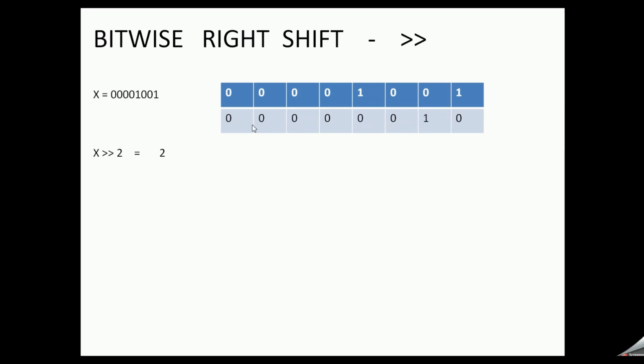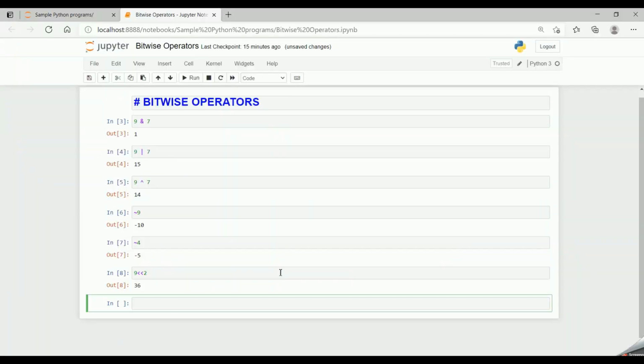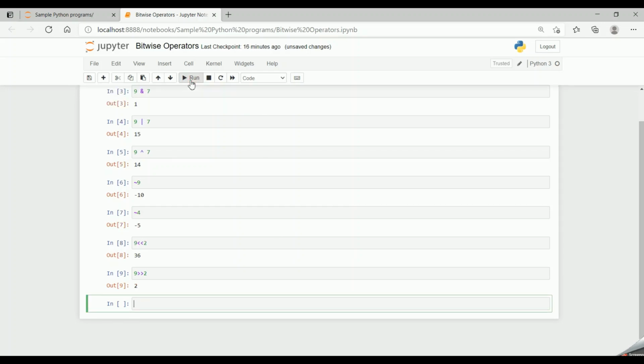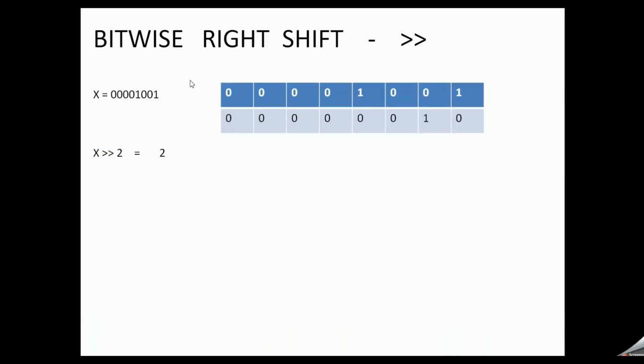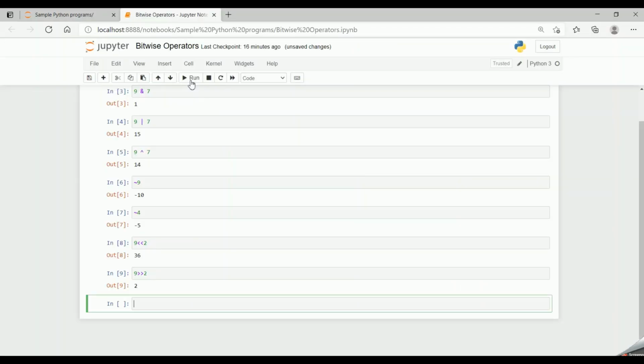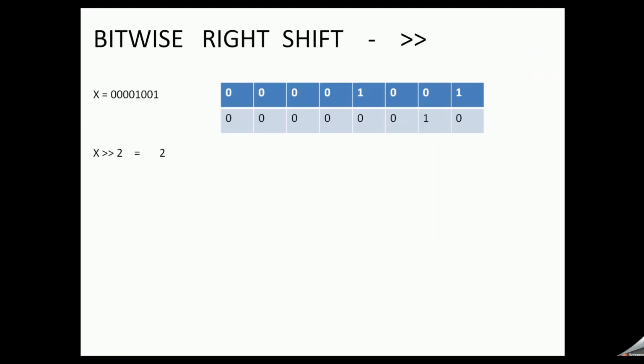And the first two bits will be vacant, and we have to add zeros over there. So right shift of the number 9 by 2 bits is equal to the integer value 2. So now if I do 9 right shift 2 and then run the code, I get the value equal to 2. So this is how the bitwise operators work in Python.